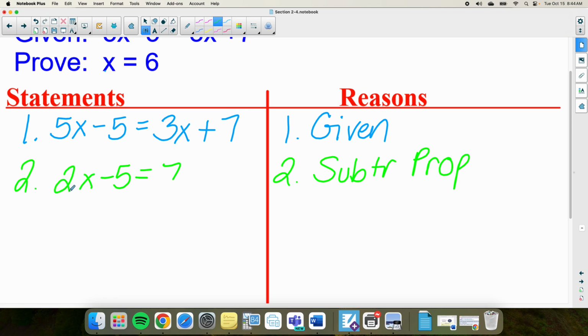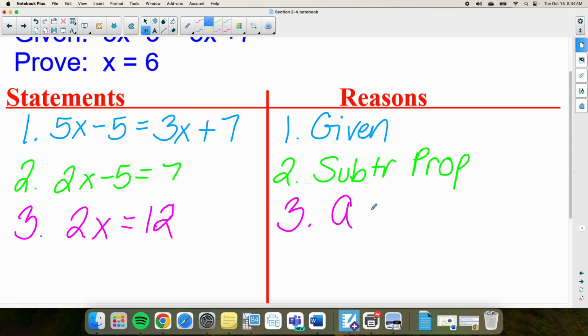Okay. So now what would I do? I would do addition and I would add that 5, so I'd get 2x equals 12. And then that is addition prop.